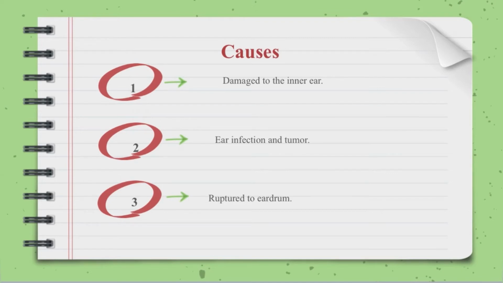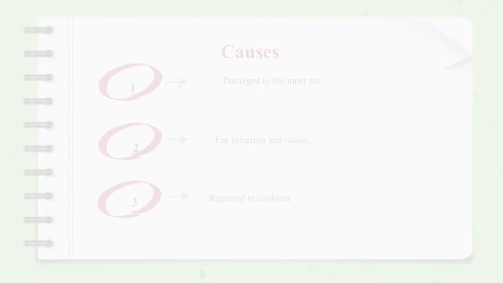But they have a similar cause, which occurs because we are exposed too much to loud noise. As a result, it can affect our hearing function when the eardrum is ruptured. Also, similar to my first point, damage to the inner ear can cause hearing loss.